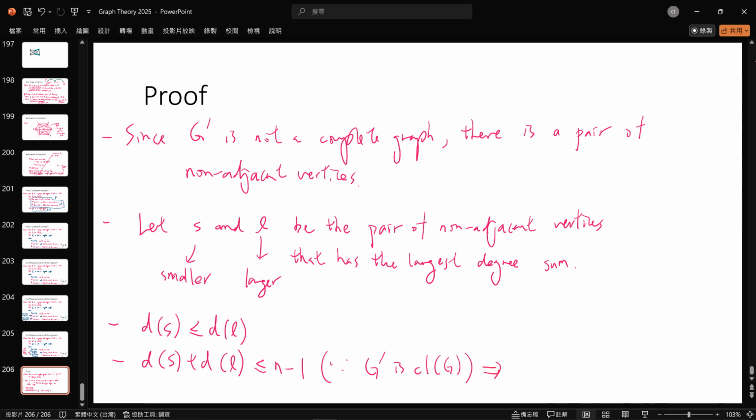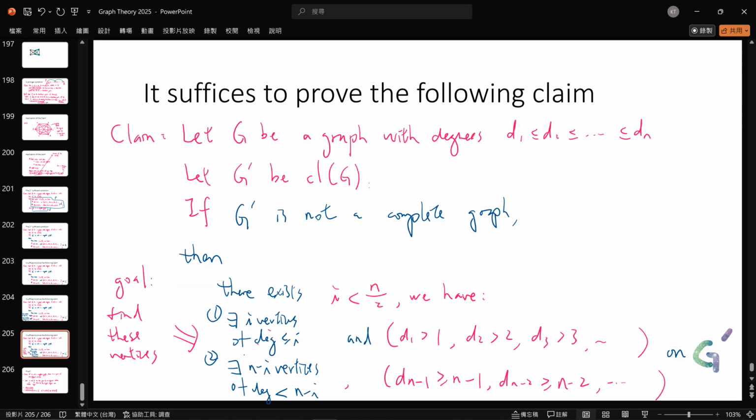So we have this ds is less than n over 2, because the degree sum is less than or equal to n minus 1, and S is the smaller one between these two, so it is less than n over 2. Now, recall that we also have to find this I. I is a number less than n over 2.